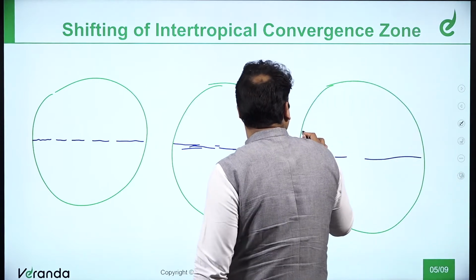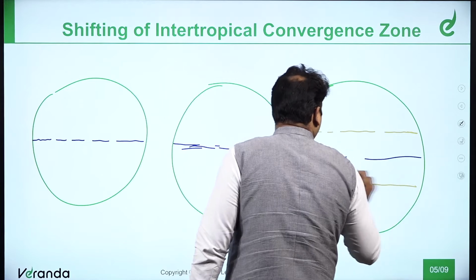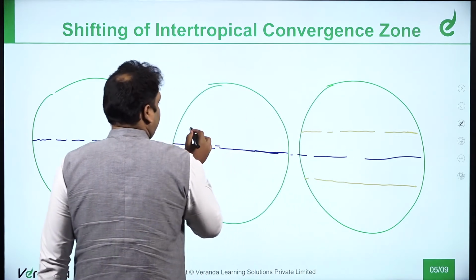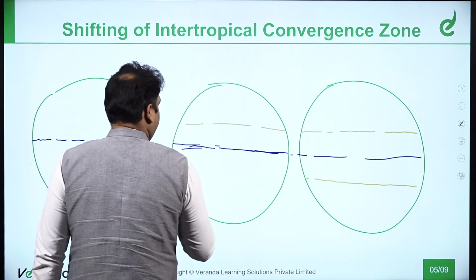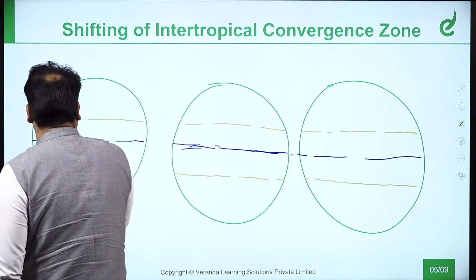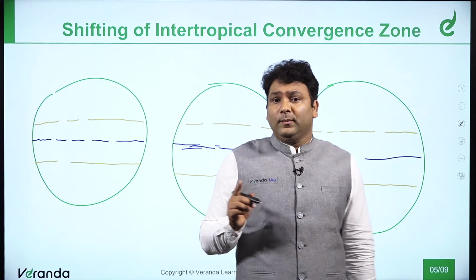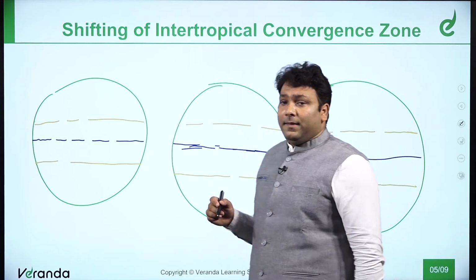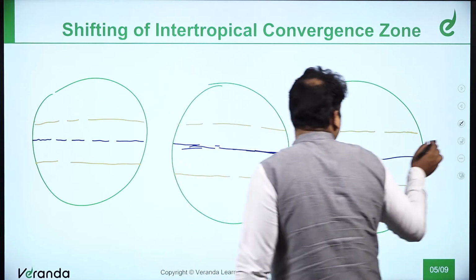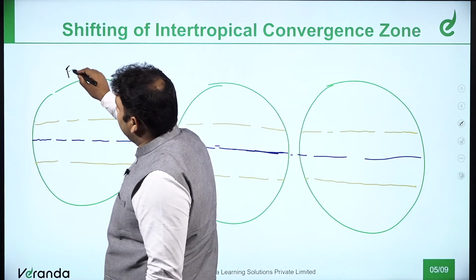This is the subtropics here in the northern hemisphere, and this is the subtropics in the southern hemisphere. Here also you have the subtropics, here also you have the subtropics. Similarly, these are the subtropical regions. I hope all of them look in the same line. Now during the equinox, equinox means the sun is over the equator.